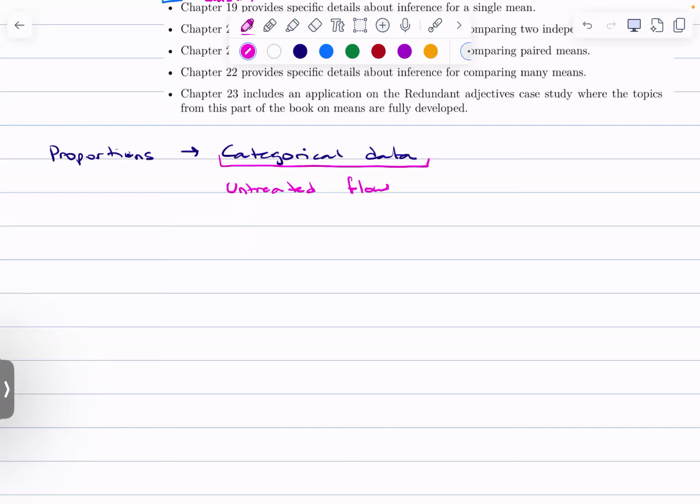So each day could be yes and then no. Are you treating or not treating? Yeah, but more important, untreated flow less than 5% of your total. I mean, yeah, it doesn't work.